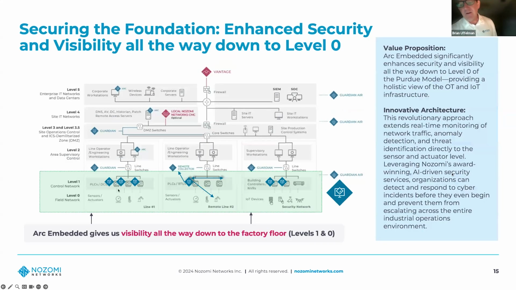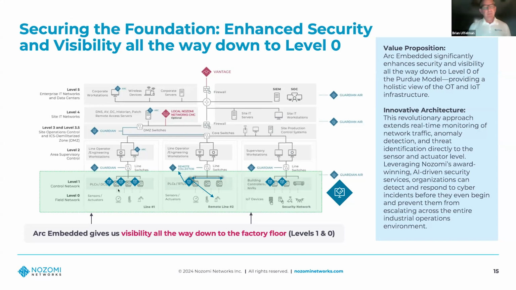And so with Arc, we have the ability to see all of that backplane data behind the PLC, do analysis on that, pass alerts up through Guardian and through remote connectors, and do advanced analysis on the traffic that we're seeing down at level 1 and level 0. So it gives us visibility all the way down to the factory floor.